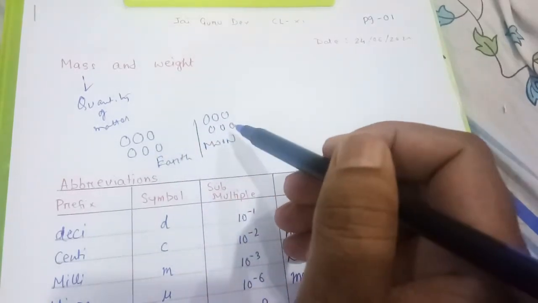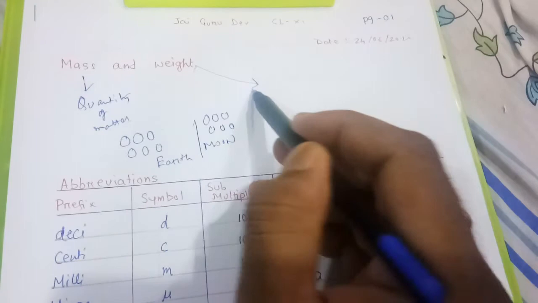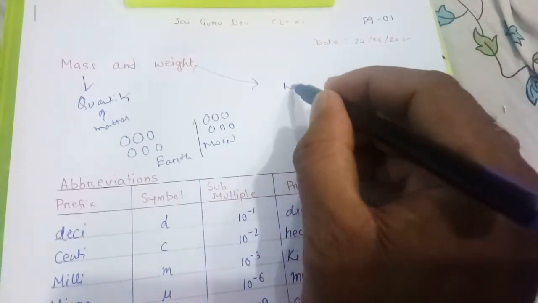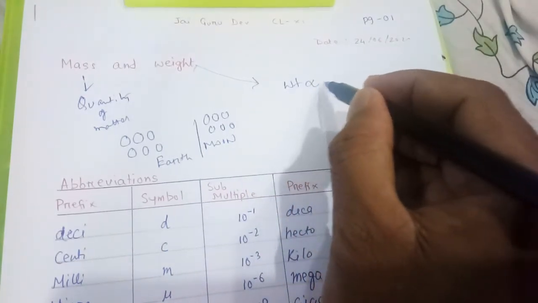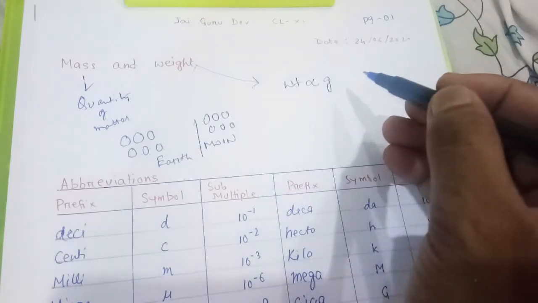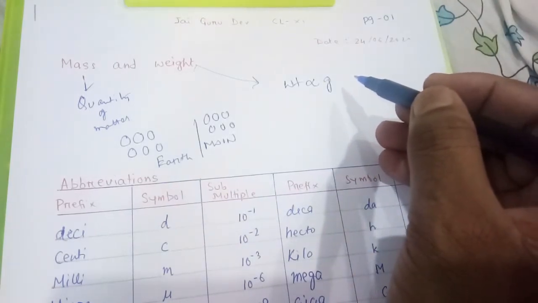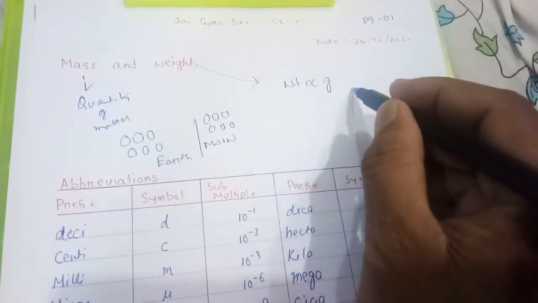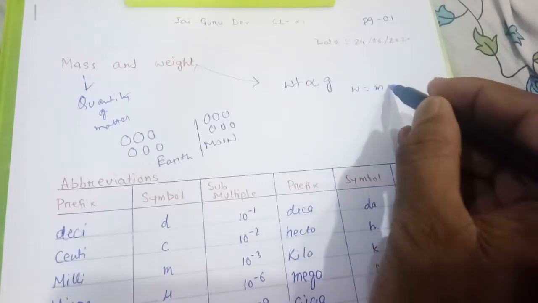The quantity remains same, but the weight is something which is proportional to the gravitational pull. So weight is equal to mass into g.